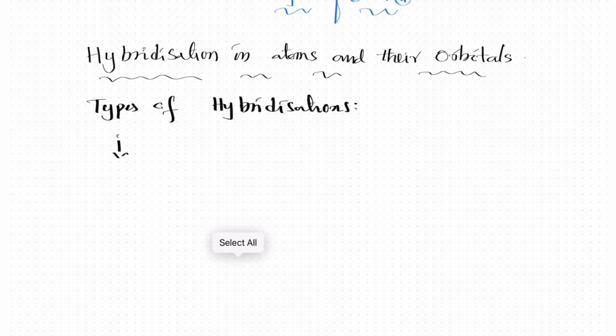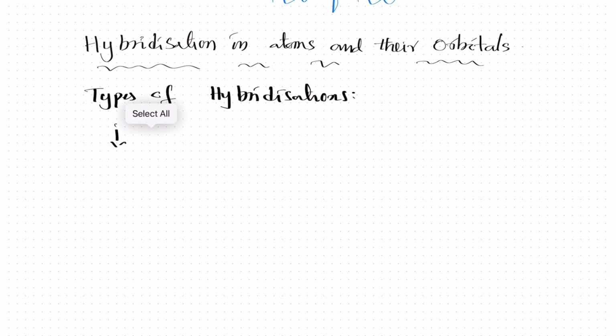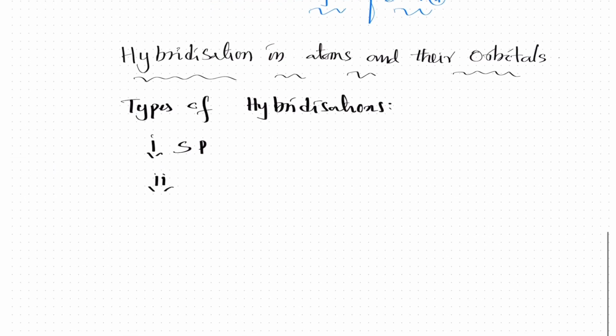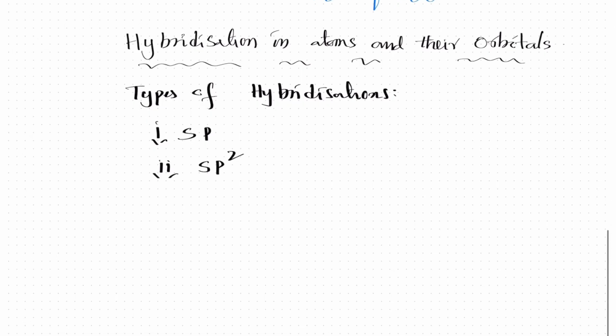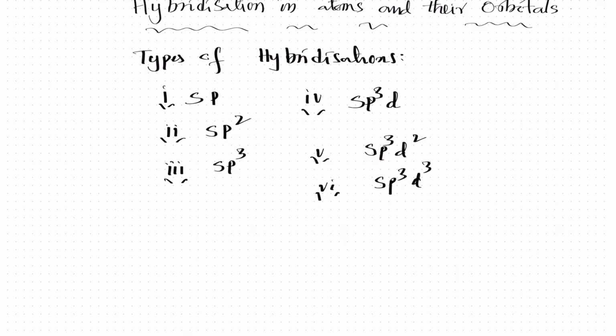First one is sp hybridization, second one is sp2 hybridization, third one is sp3 hybridization, fourth one is sp3d hybridization, fifth one is sp3d2 hybridization, and the sixth and last one is sp3d3 hybridization.